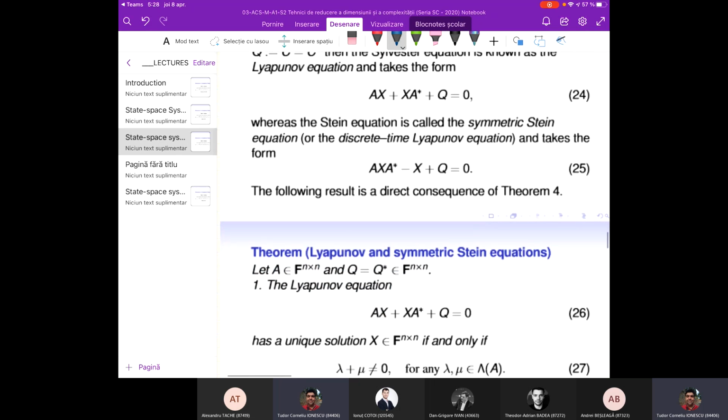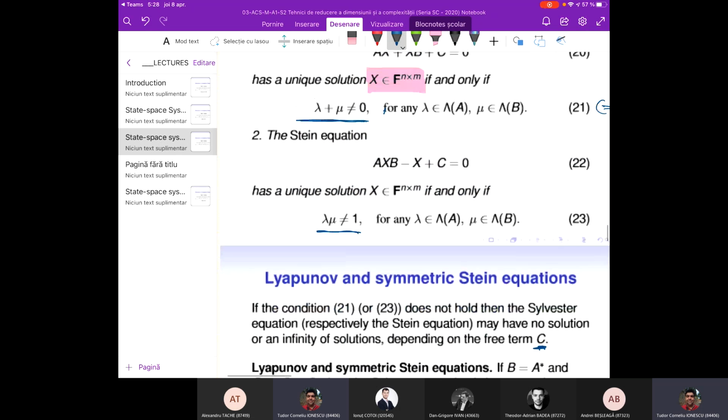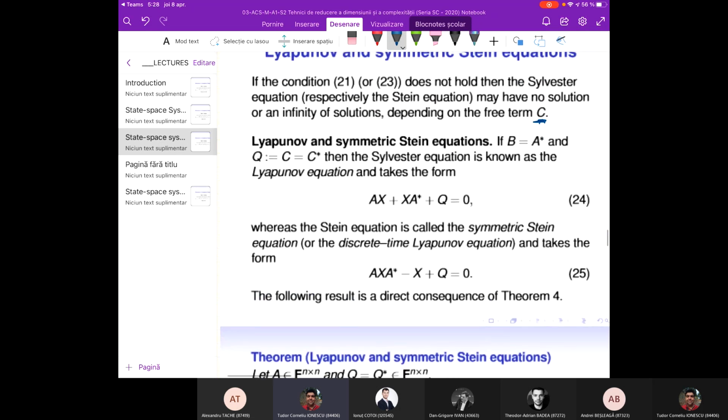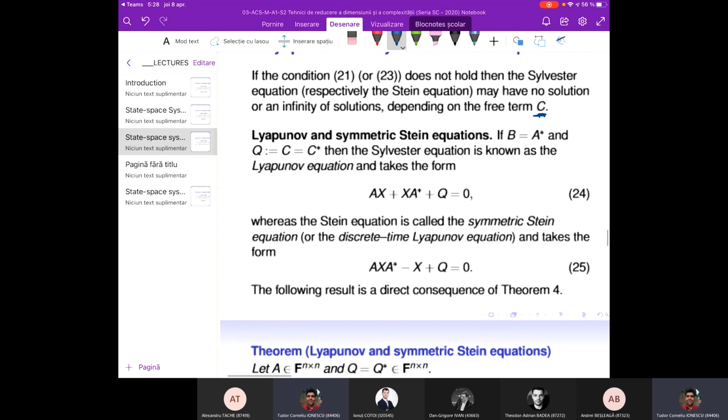Whereas the Stein equation is called the Stein symmetric equation, or the discrete-time Lyapunov equation, and has this form. And now, based on theorem, I don't know what theorem 4 is.